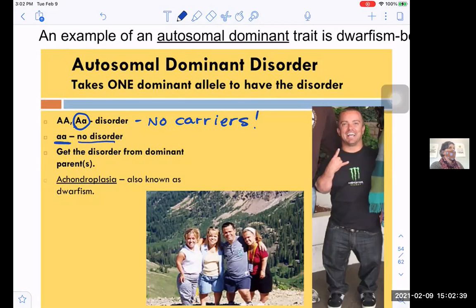Okay, so just looking around the room, I can see that I don't have any students in here who are of short stature. So everybody here is homozygous recessive. With autosomal dominant traits, you can tell that somebody is carrying the trait if they have the disorder or the trait. They're showing it in their phenotype.